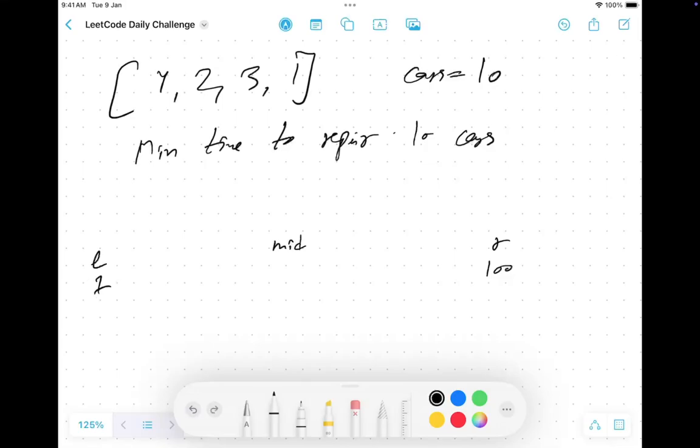So let me change the question. If time is only one, how many cars can this mechanic repair? We have r cross n square, which is the rank times the number of cars squared, and this is the time, right? So we have this equation. Let me erase this, and we have rank multiply n square is equal to time.